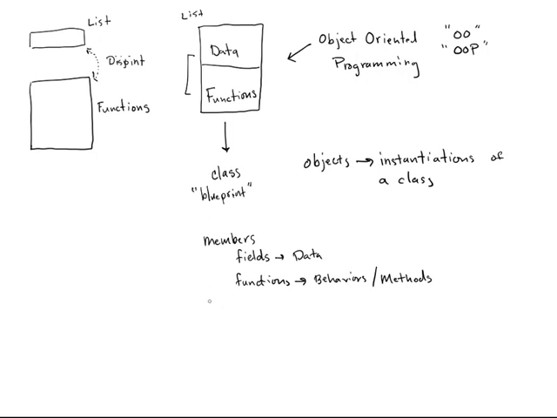But you'll hear them called member functions, member fields, or just methods. So you always know that a method is supposed to associate with a specific class. And so that's kind of the breakdown of the class layout. It's not too exciting.